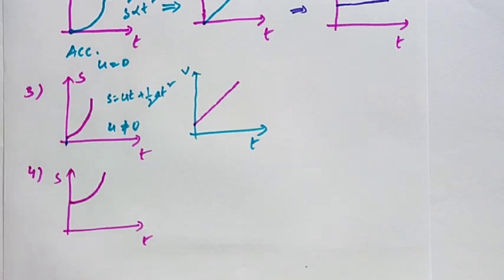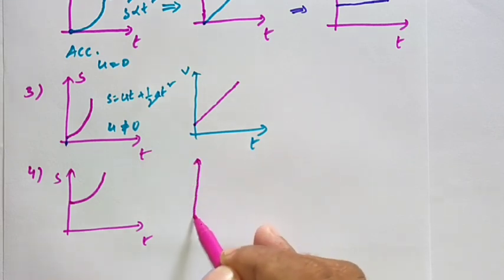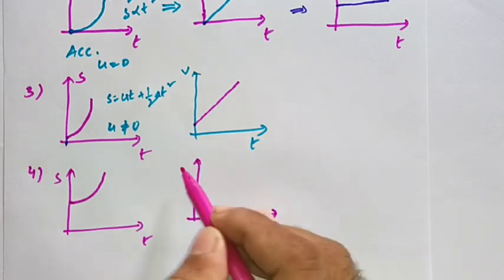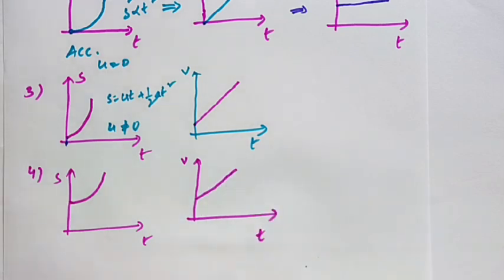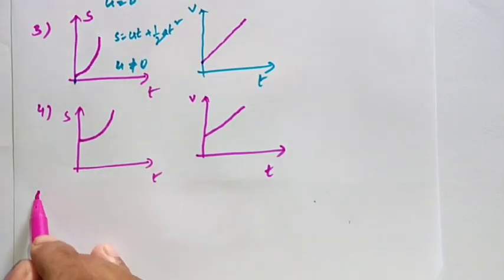Okay, then what does it mean? It means that the body has initial displacement and initial velocity. Okay, then the VT graph looks like this. Same. Okay, yeah.